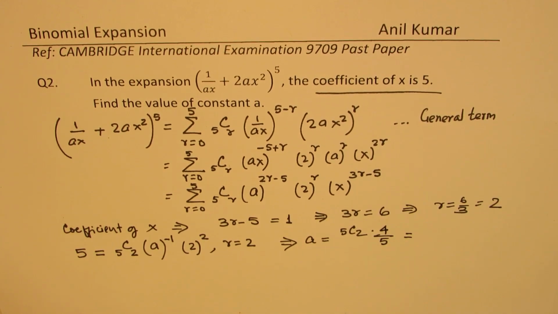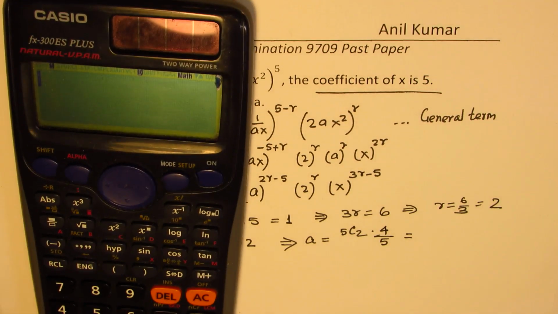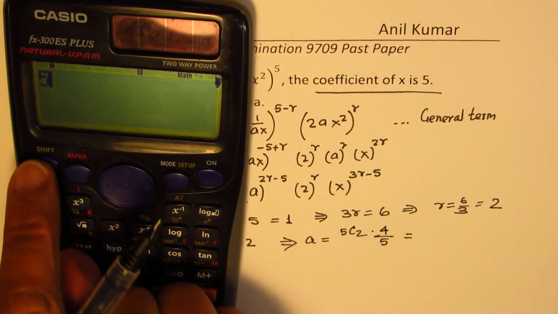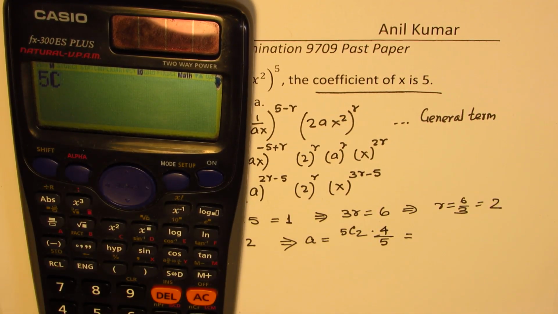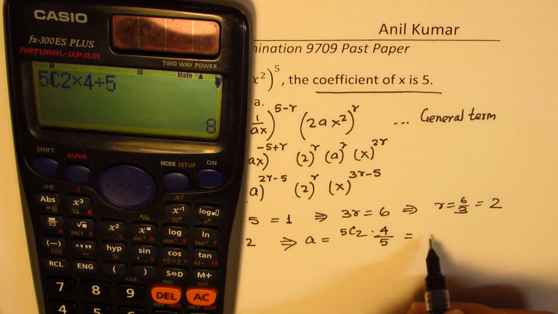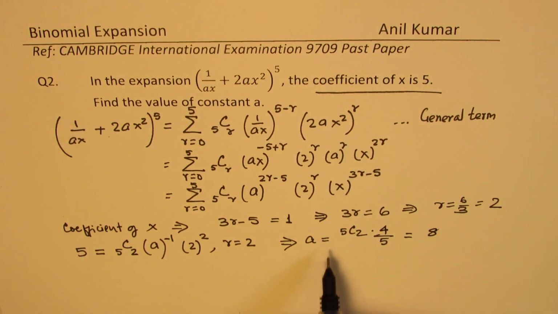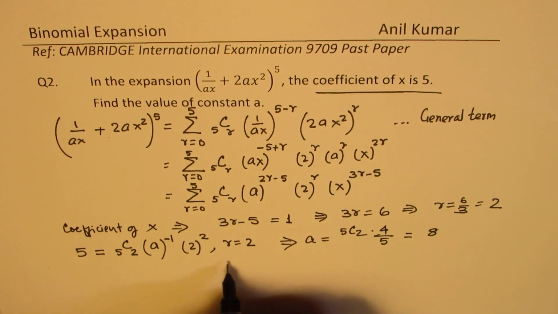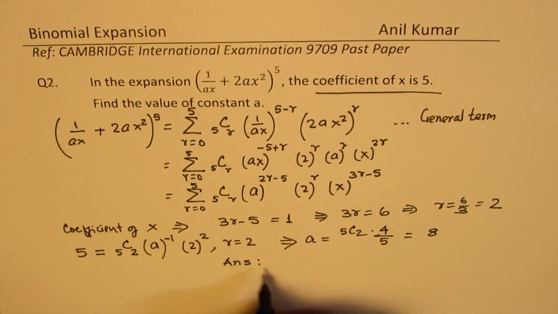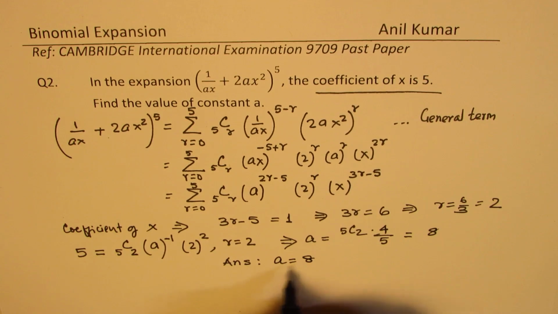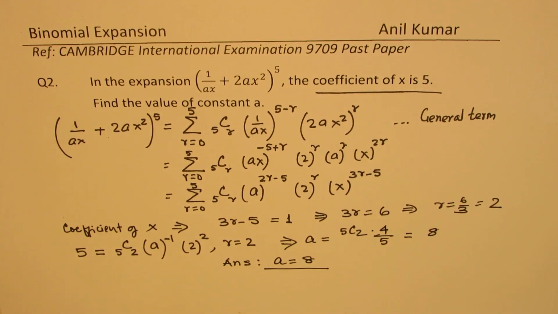So let's calculate: 5c2 times 4 divided by 5 equals 8. So we get the value of a as 8. So our answer here is a should be equal to 8. Is that clear?